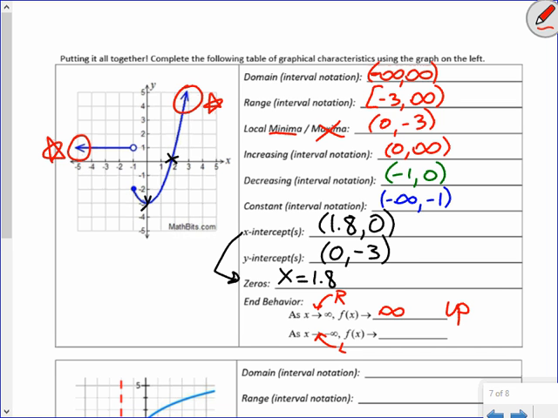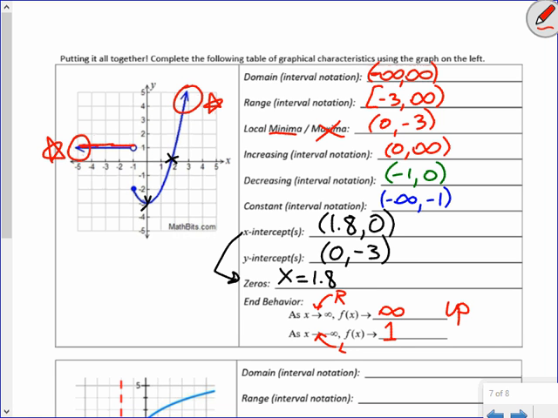If you're just going flat, or you're approaching a flat line, you would just tell me what that number is that you're approaching. So this graph is approaching 1. 1 is the highest value it can go. It's not going to go above that because it's staying flat. So if you see something like that, instead of up or down, you would just say what's the number where it's leveling off, which in this case would be 1.